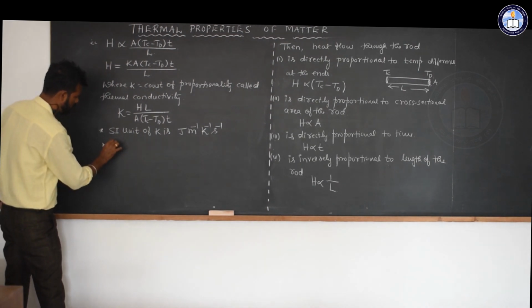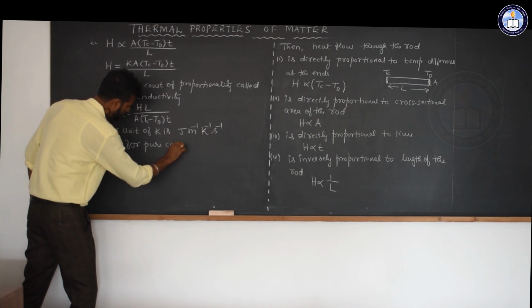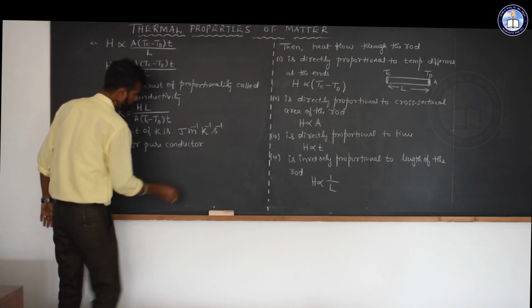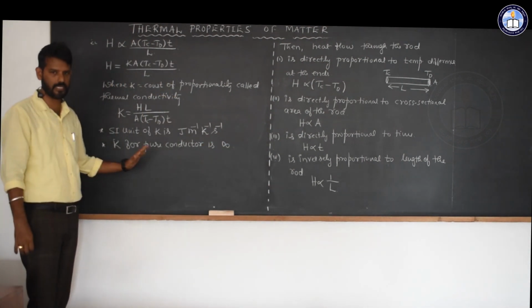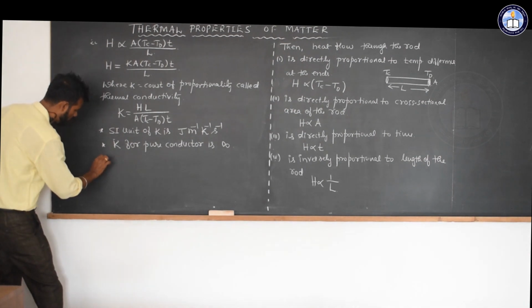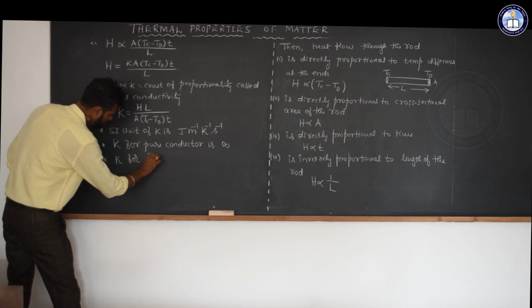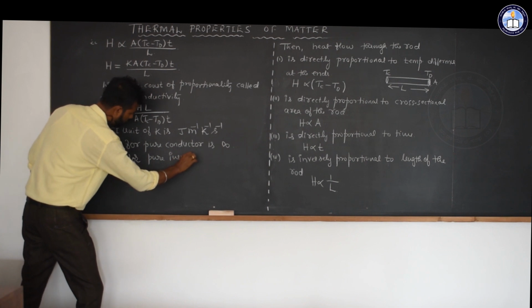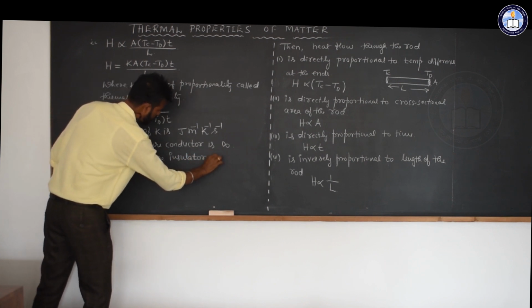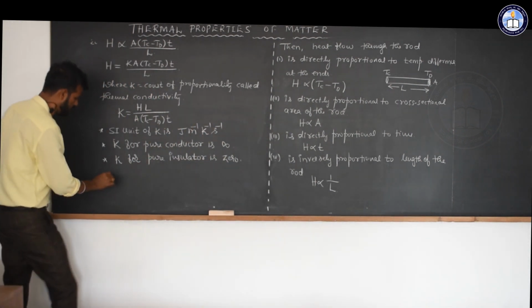The value of K for a pure conductor is infinity. K for a pure insulator is 0.